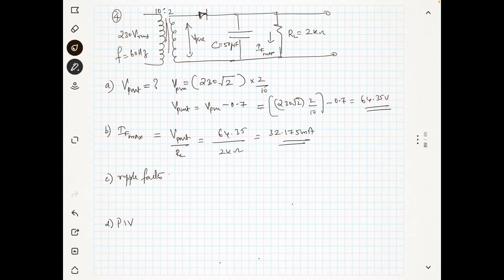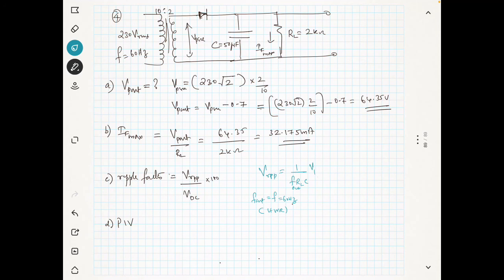Now the ripple factor is nothing but VRPP divided by VDC. You have to multiply with 100 to have the percentage. So first of all we will see what is VRPP. VRPP is nothing but 1 by F into RL into C into Vp out. Here F is the output frequency, but you know that the output frequency is not the same as the input frequency, which is 60 hertz, because it is a half wave rectifier, okay.